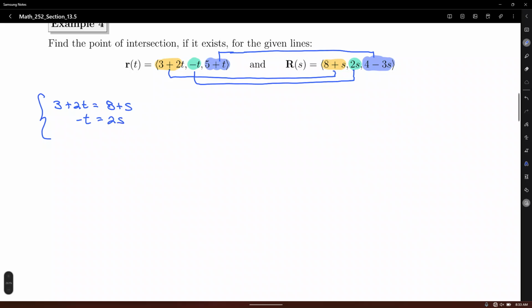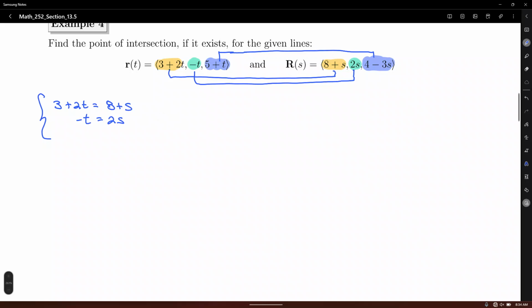So let's solve this system of equations, and you may use your favorite method of solution. You may use elimination, substitution. You may want to arrange these equations so you can use matrices on your calculator. It doesn't matter what method you use. Try to be as efficient as possible. And in this case, the variable t is pretty much solved, so we can do a substitution.